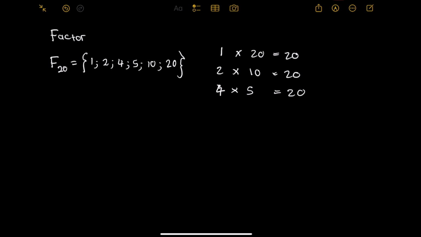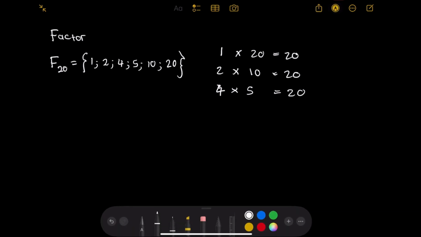These are all numbers that I can divide 20 by, and if I use 20 to be divided by these specific numbers within the set, it's always going to give me a whole number without a remainder, without decimals attached. I hope that's very clear.